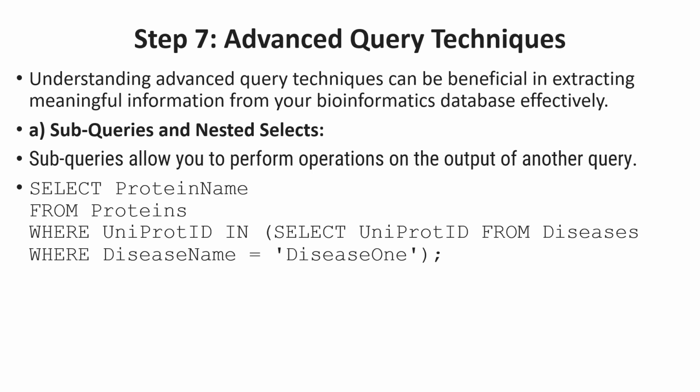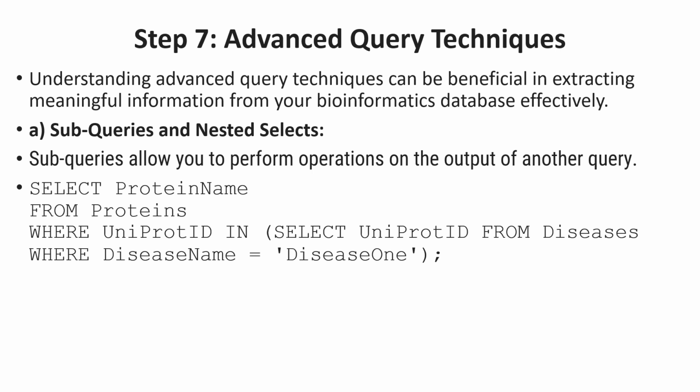Then number 7 is advanced query techniques. Understanding advanced query techniques can be beneficial in extracting meaningful information from your bioinformatics database effectively. Let's look at subqueries and nested selects.